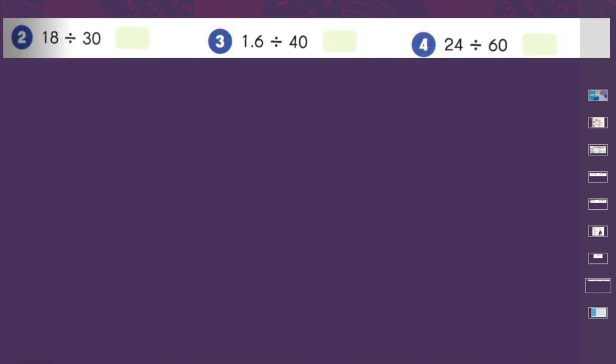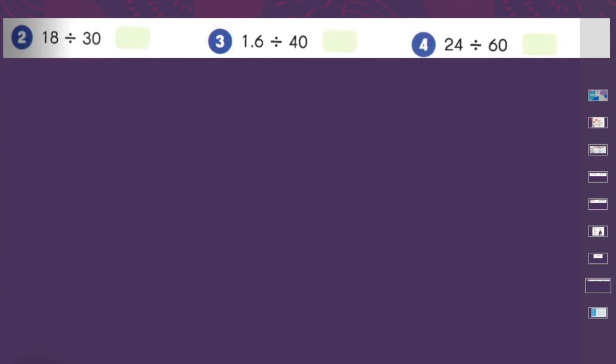I'm going to have you try these next 3 on your own. The first thing you're going to want to ask yourself is, what multiple of 10, 100, or 1,000 am I dividing by? And then think about the basic fact that you know in order to solve, and then divide by 10, 100, or 1,000.